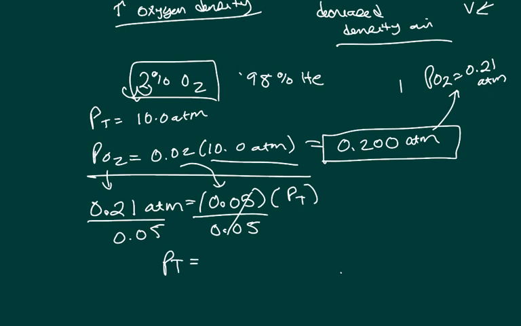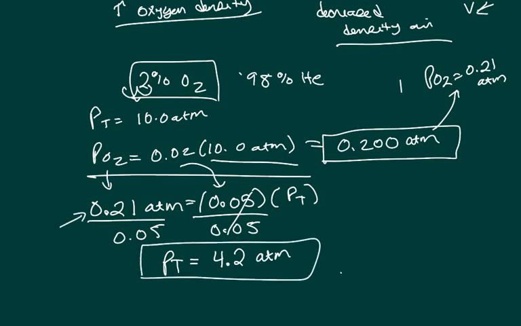Okay, so let's divide on either side to get the total pressure. So 0.21 divided by 0.05. So he should adjust his total pressure to be 4.2 atm in order to get this ideal amount of partial pressure for oxygen. So your P total should be 4.2 atm.